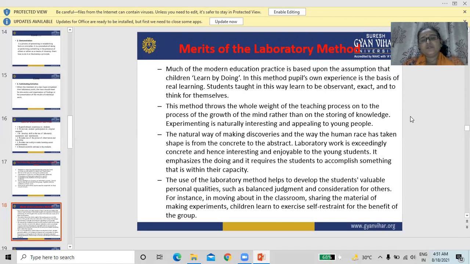Experimenting is naturally interesting and appealing to young people.